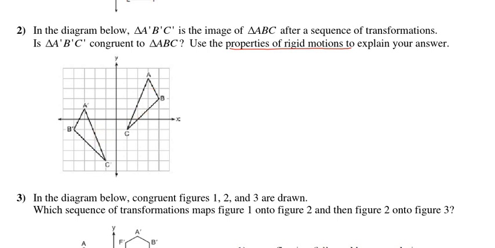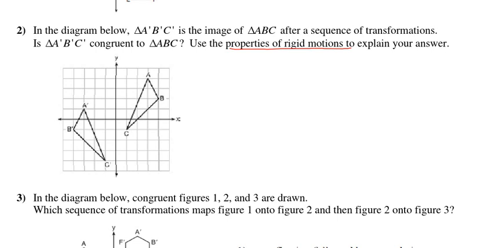With regards to size, you could even compare how many units you have, like from point A to B, you have 1, 2 units, and the same thing happens from A prime to B prime, 1 and 2. From B to C, we have 3, and from B prime to C prime, we also have 3, and from A to C, we have 2, 2, 4, 5, and from A prime to C prime, 2, 2, 4, 5, which just proves that the length of the segments are the same.